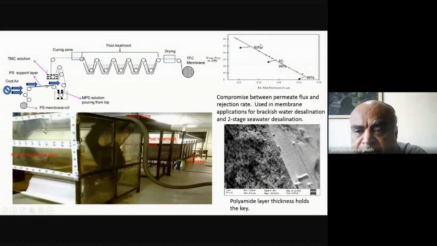So what it means is that you have gone too far over here, and here you've unnecessarily made the membranes less productive. So obviously the most ideal would be a region somewhere here.